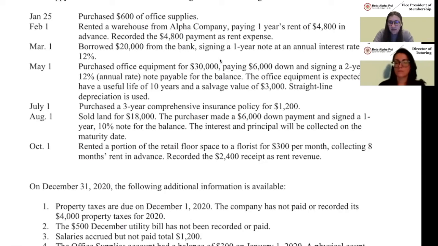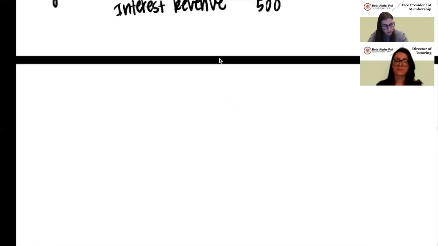We're going to leave it as is, but on December 31st, we need to do an adjusting journal entry to take out what hasn't been earned from our rent revenue account and put it into our unearned rent revenue account. So if they gave us 8 months of rent in advance, and from October 1st to December 31st, we've only earned 3 months of it, then we need to take out the other 5 months and put it into our unearned revenue account.